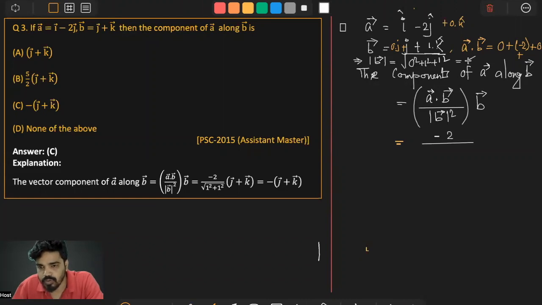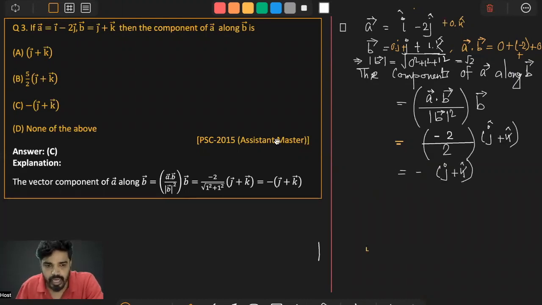Modulus B is root 2, so root 2 square is simply 2. What is the vector B? B is given j plus k, so the answer is minus j plus k. Therefore option C is correct.